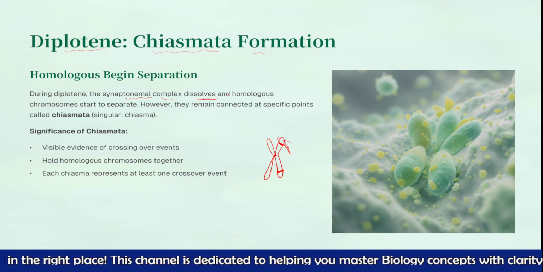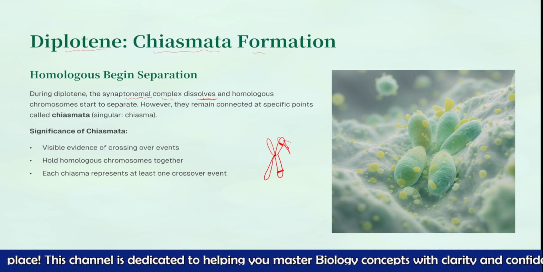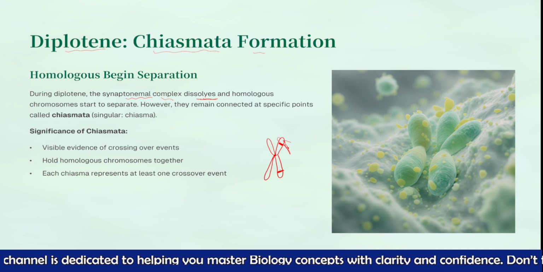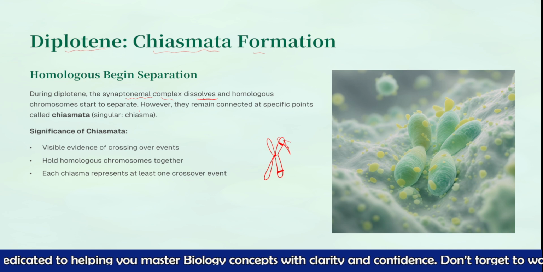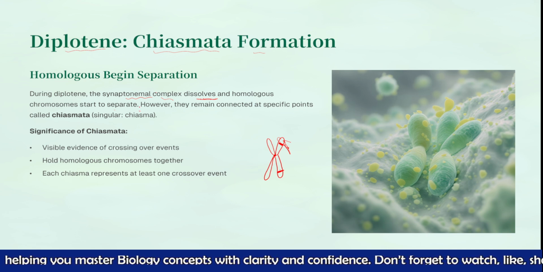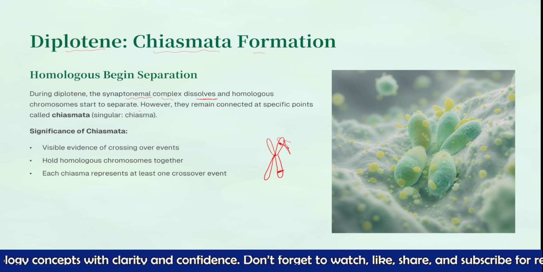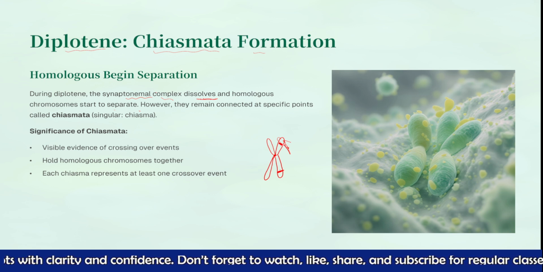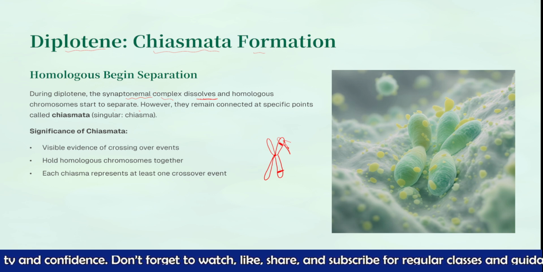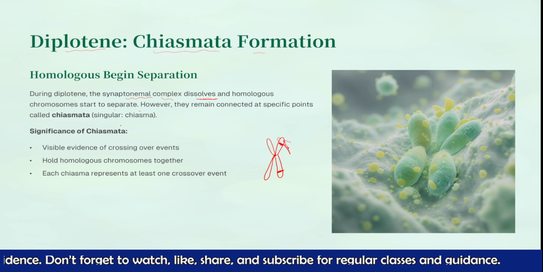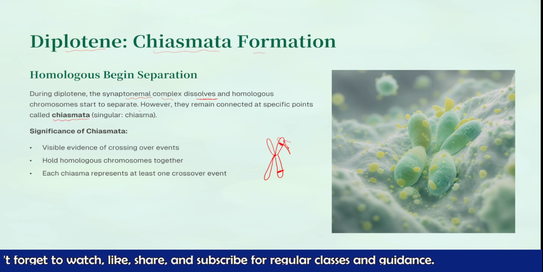Okay, after the dissolving, what happens? Definitely the homologous chromosomes start to separate. When they are separating, at the specific place where the crossover already happened, that region still remains there, and that region is called a chiasmata.